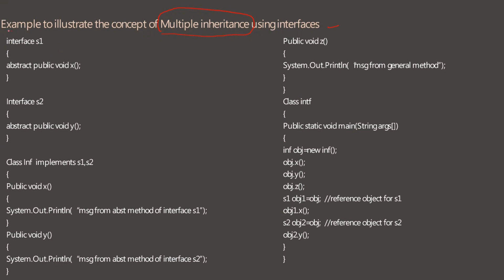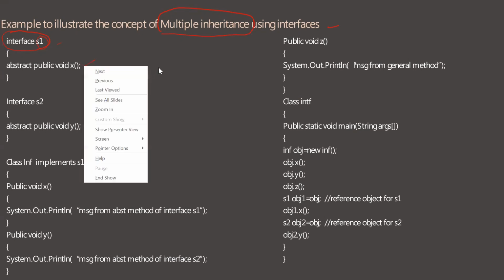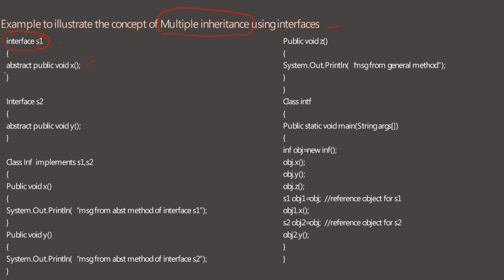First, I've created an interface. An interface is created with the keyword interface, and my interface name is S1. You can create an interface name of your own, right? So in that interface, I'm creating a public method, one abstract method, because an interface is a collection of pure abstract methods.